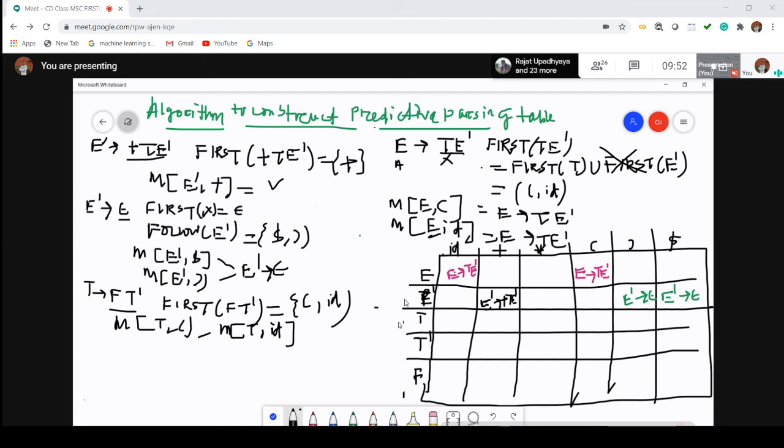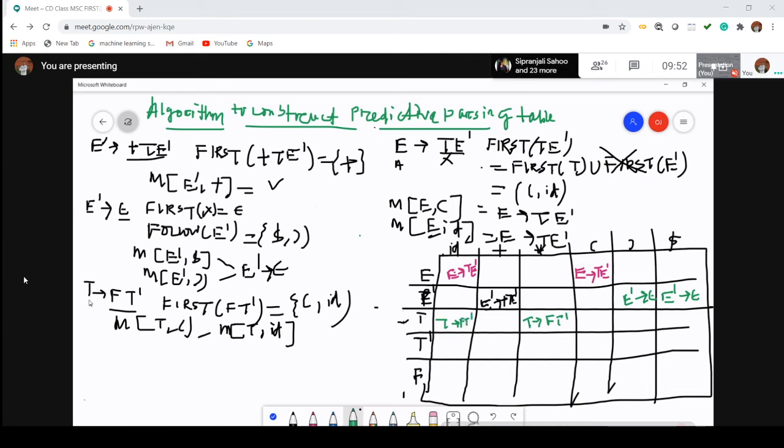Now I have to choose this one. So for the entry of left parenthesis, which is this value, it will be T to F T dash, and for ID again you have to put T to F T dash.